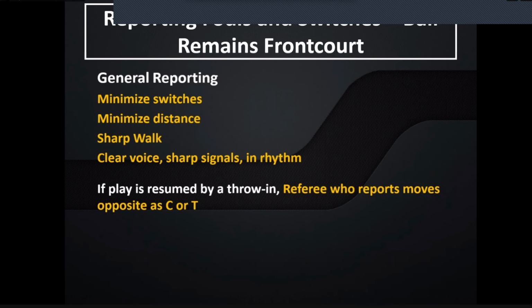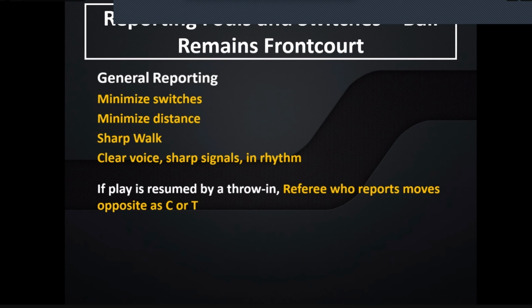If the throw-in is opposite the table, you're going to go to T, because you'll have lead and trail opposite the table. If the throw-in is on the table side, when you go opposite, you're going to be C, because you're going to have a lead and trail on the table side.